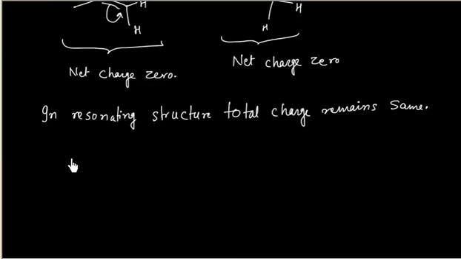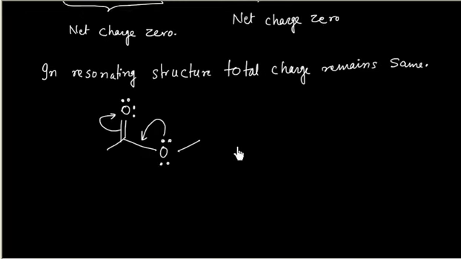We can also have some more examples. Let us say I have this. The pattern is a double bond adjacent to a lone pair. So this goes here, this goes here. The first arrow converts a lone pair into a bond pair, and the second arrow converts a bond pair into a lone pair.